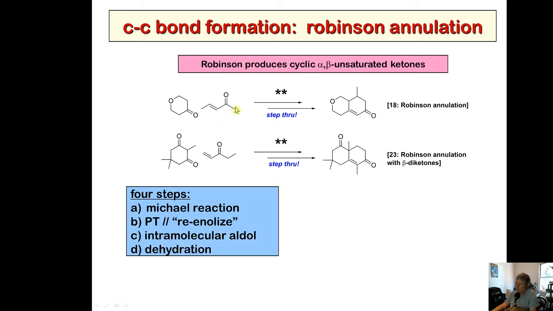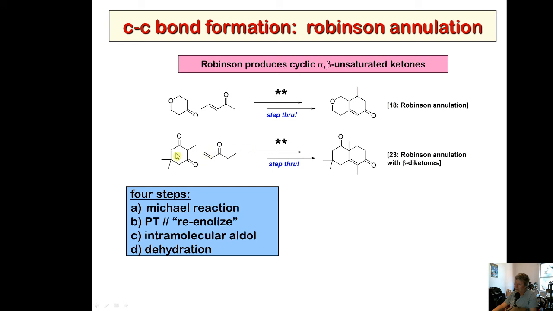So then the enolate from the other side, after these are attached, and you've proton transferred the enolate to the other side, that enolate is able to swing back and attack the ketone. So then you can see it right there. You can see the relationship between what was the Michael donor and what was the Michael acceptor.